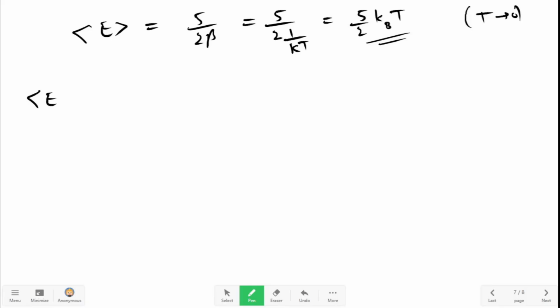and the average energy when T tends to infinity, that we have to find out now. When T tends to infinity, β tends to 0.